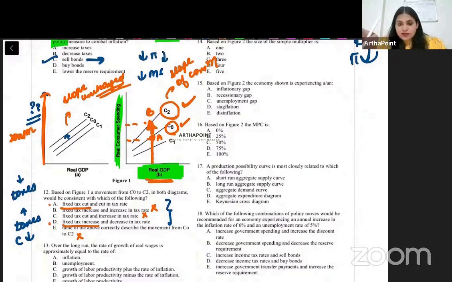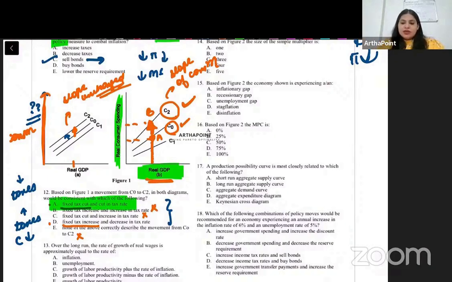But irrespective of that, in both cases, when I move from C0 to C2, my consumption is increasing. So tax would have reduced. So the correct answer to this question should be A. Tax would have reduced because consumption is increasing. Okay, come to the next question.